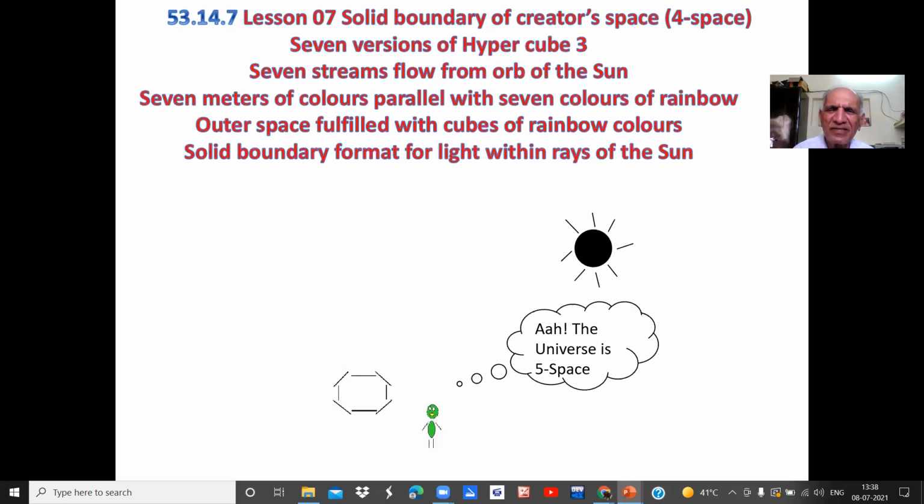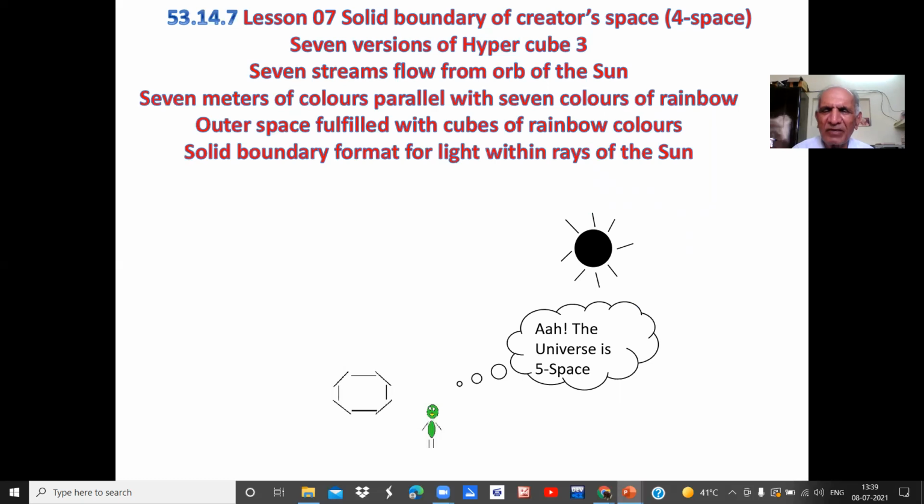Outer space fulfilled with cubes of rainbow colors is the spectral reality of the solid boundary strips fully formatting the outer space. Solid boundary format for light within rays of the sun is the ultimate observational reality.